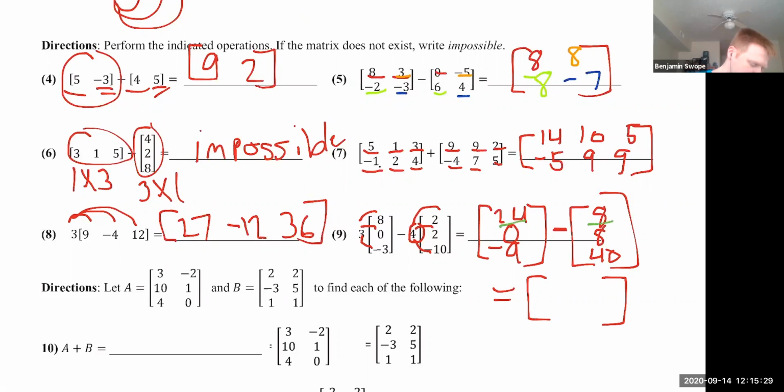So 24 minus 8 would be 16. 0 minus 8 would be negative 8. -9 minus 40 would be -49. So that's the idea there.